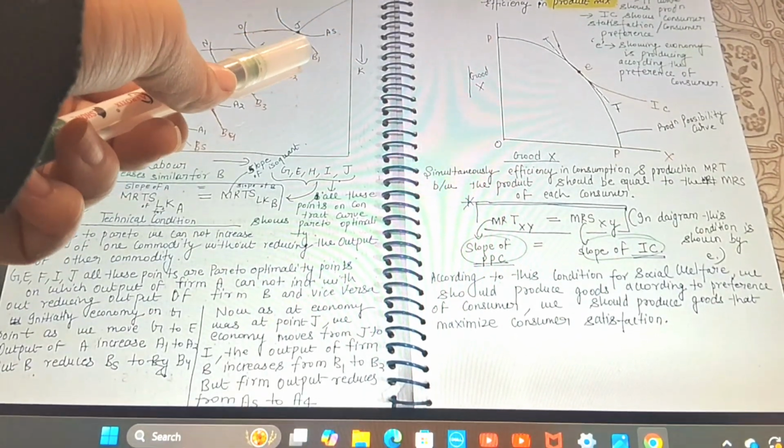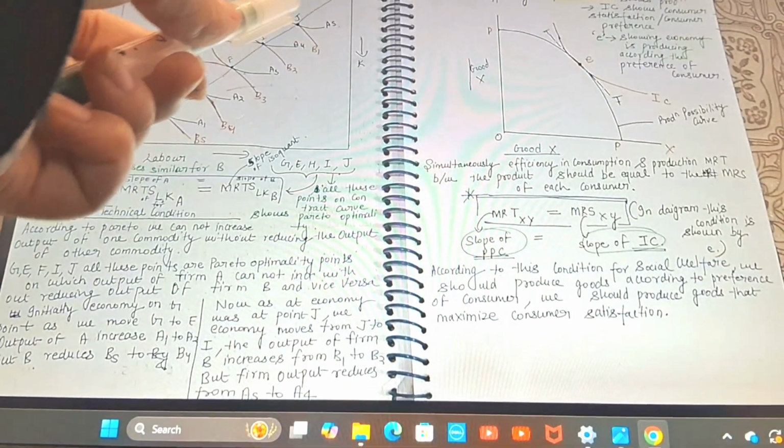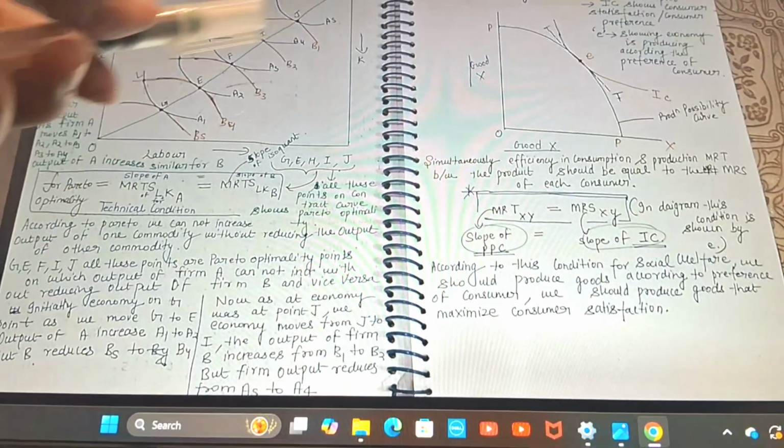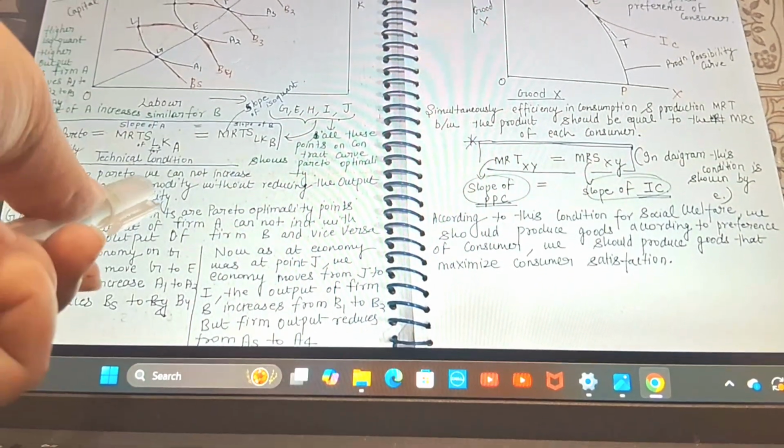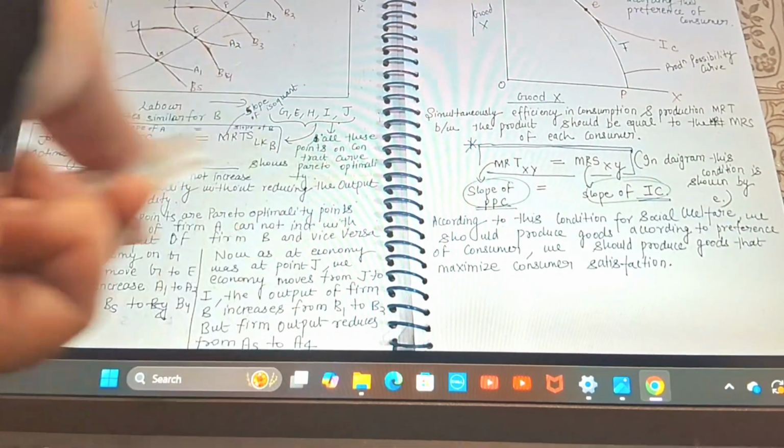So A's production is reducing while B's is increasing, and we can see the condition that Pareto gave us: according to Pareto, we cannot increase the output of one commodity without reducing the output of the other.